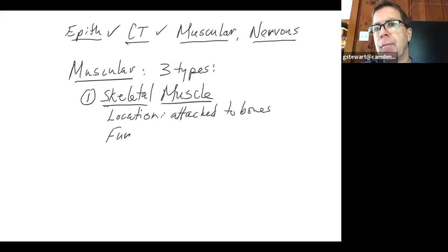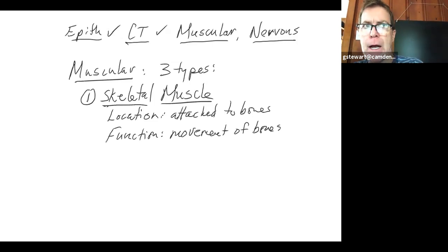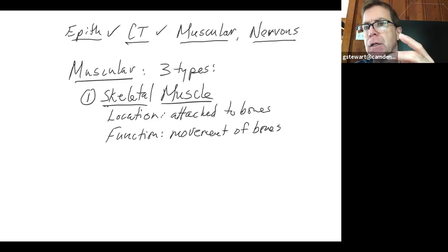Main function is movement of those bones. So the skeletal muscle tissue pulls on bones which act as levers. That gives us physical movement of our appendages.